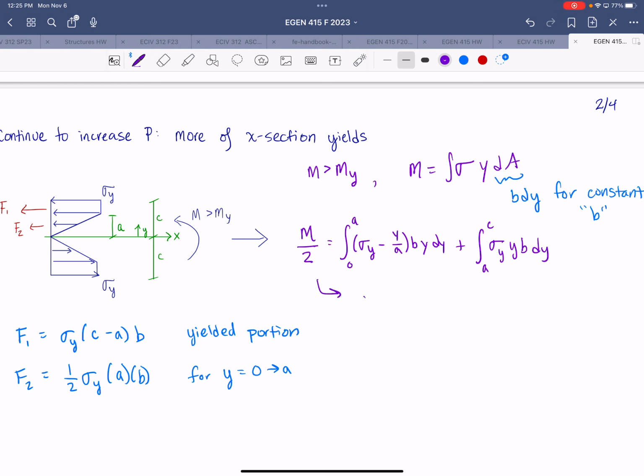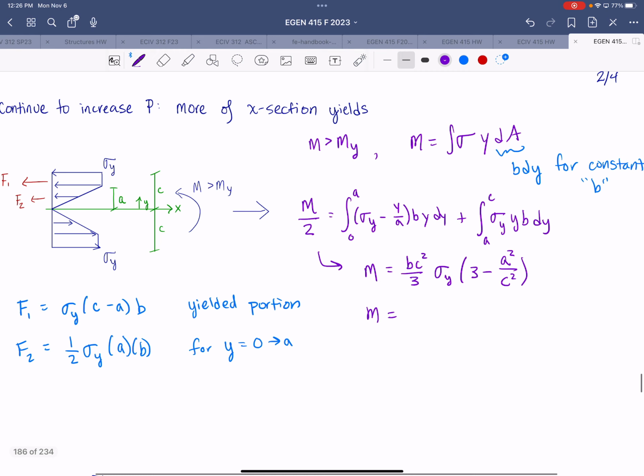So from that, we get M is equal to b c squared over 3 times sigma y, and then in parentheses, we have 3 minus a squared over c squared. Or we can rewrite that in terms of the yield moment, right?